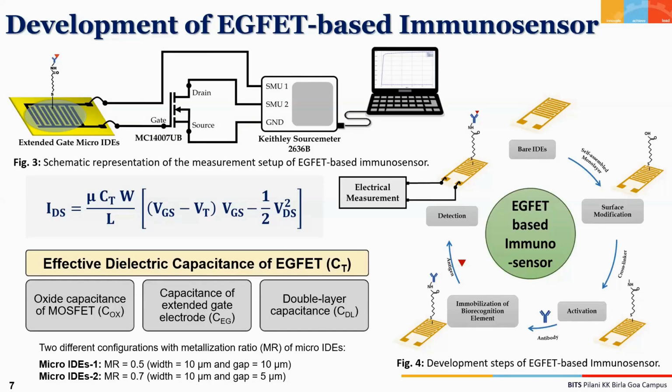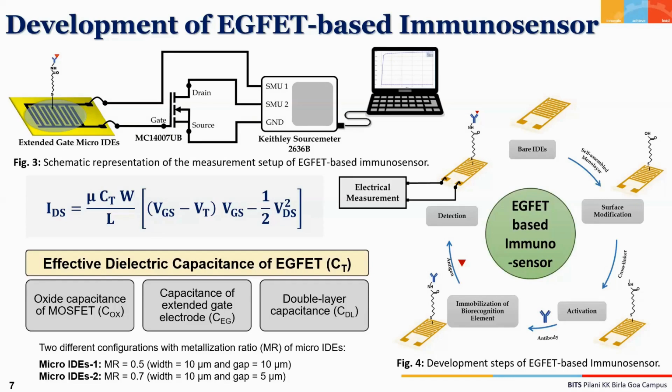The current IDS will depend upon CT, and CT comprises the offset capacitance of the MOSFET, which is fixed and not changing, and the capacitance of the extended gate electrode, which is also fixed. So once you freeze the configuration of the micro electrode, the capacitance value is fixed. So two things, COX and CEG, are fixed.